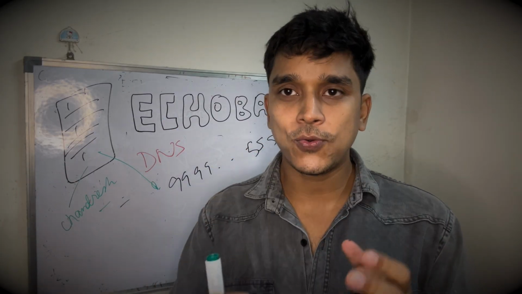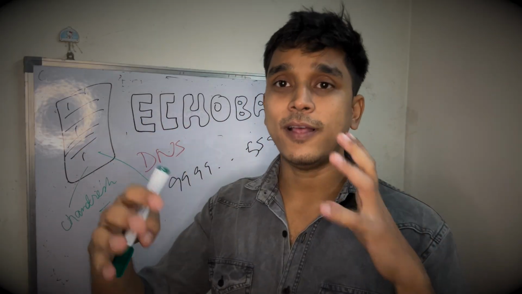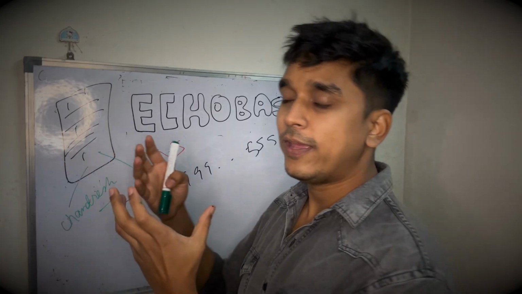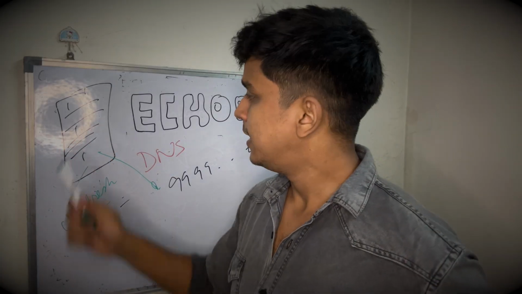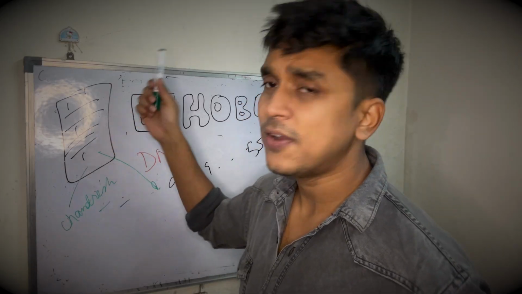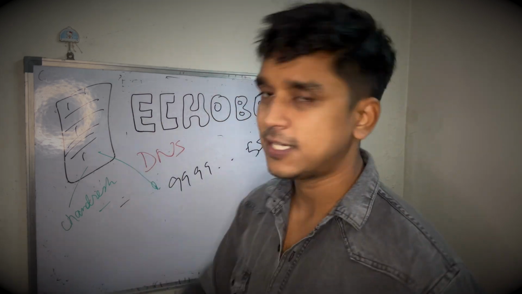Like asking, can you give me the contact number of Chandresh? So DNS goes and finds the IP of echobash.com and returns it back to you.